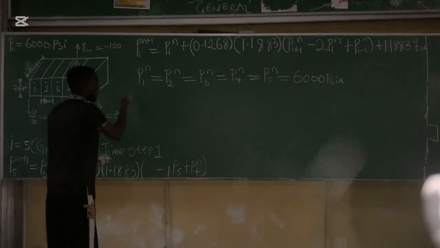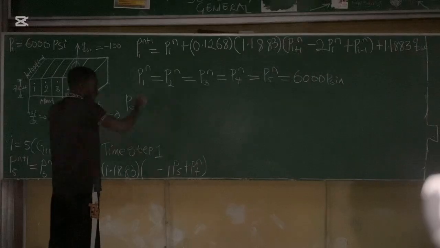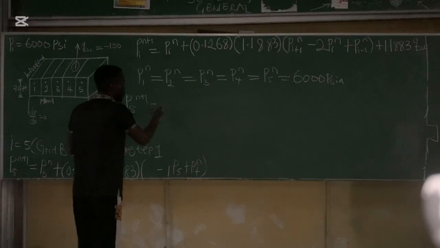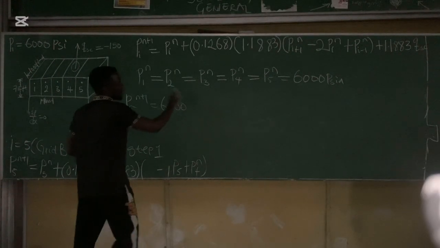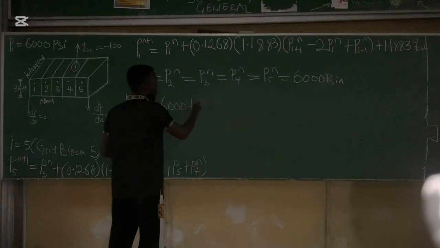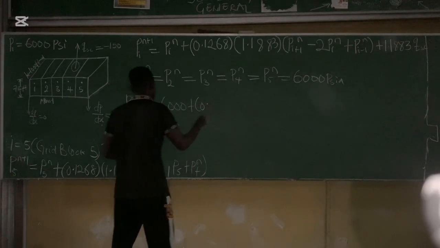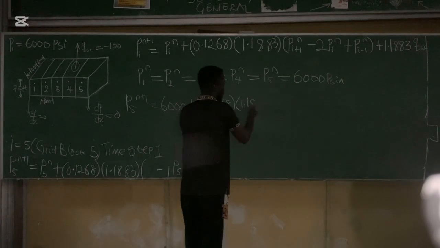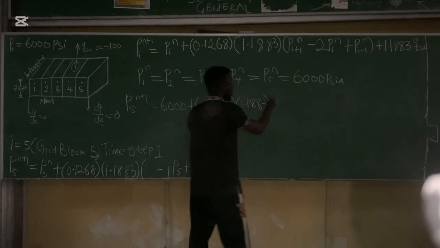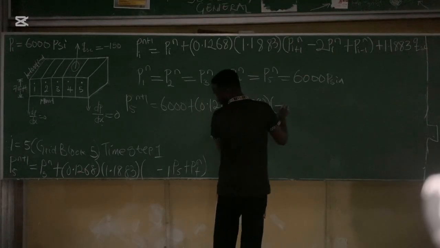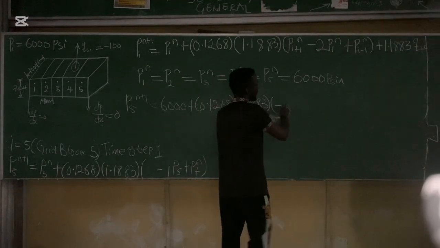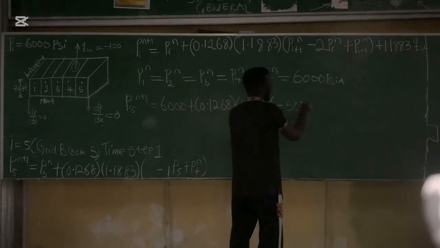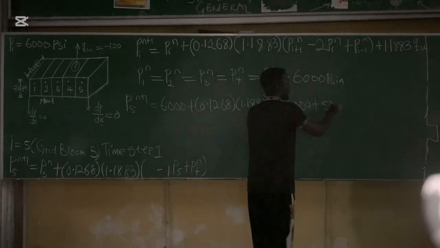So substitute values in this equation now. To substitute value, we are going to have P5n plus 1 will be equal to P5 is 6,000 from here, then plus 0.1268 into 1.1883 into minus 1 times P5, which is the same thing as P5, which is minus 5,000 plus 5,000.